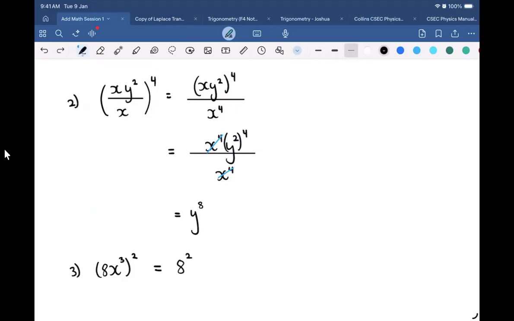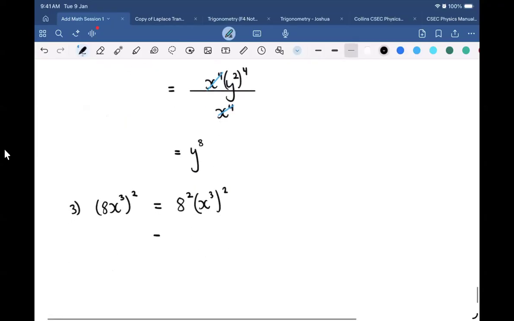So it really is supposed to be 8 squared, x to the power 3 squared. What is 8 squared? 64. x cubed to the power 2 will be x to the power 6.